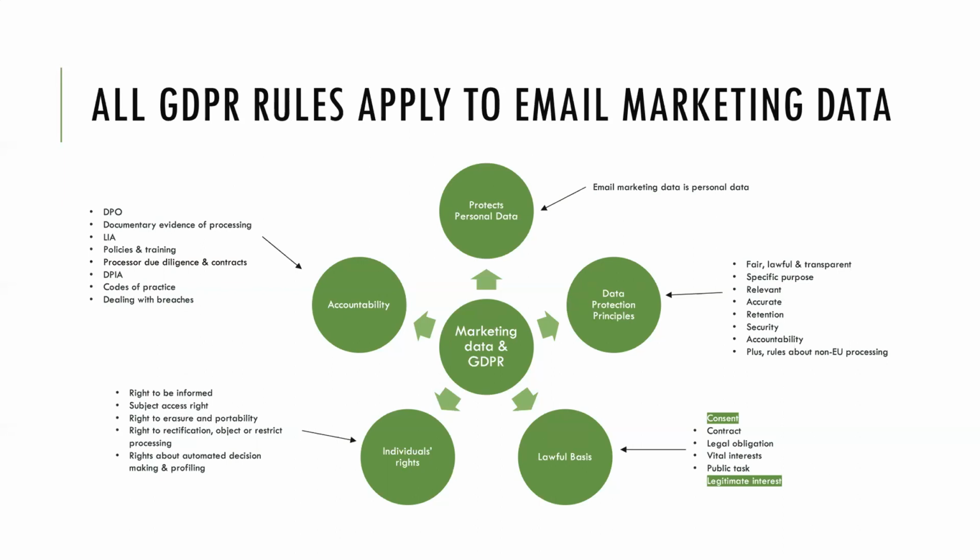But of course, the key one that most people think about is consent. And the key thing about consent is you have to be upfront and clear about what it is that somebody is consenting to, so that they can understand how you're going to use their data, and then they can take an affirmative or positive action to give you that consent in the first place. And you have to keep a record of consent being given.